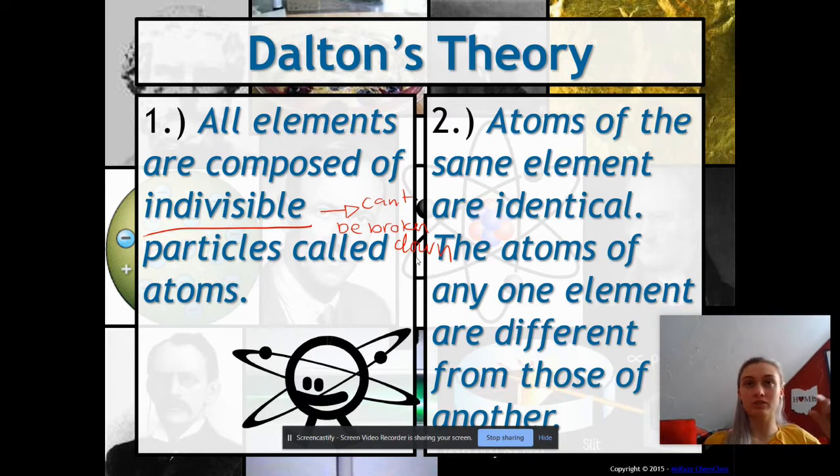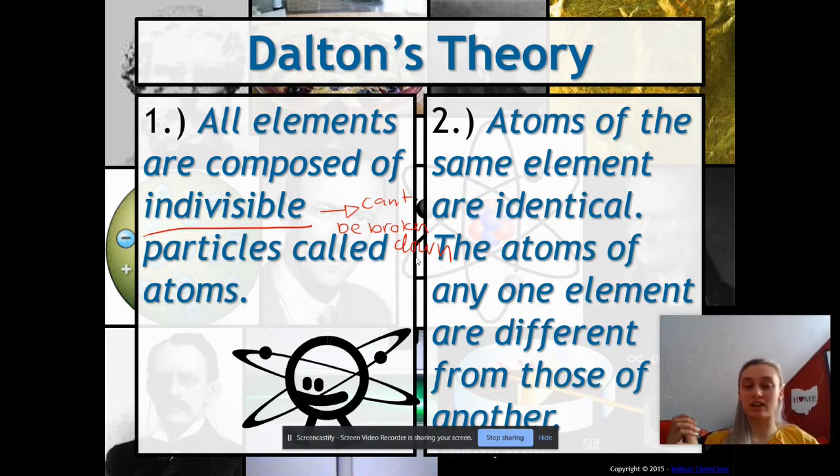We might have a little bit of differences because today we know we have electrons and neutrons and protons. So we know that atoms are divisible today, and we know that atoms of the same element can be different in the number of electrons they have and the number of neutrons they have. But for the most part, he's pretty correct.